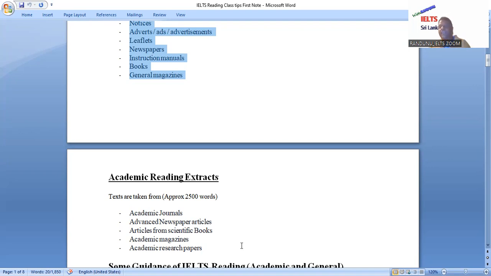True false not given and matching titles, right? True false not given questions come in the same order as the passage, both are the same. But if you are doing matching titles, they are jumbled. That's why it is difficult to find out, right?